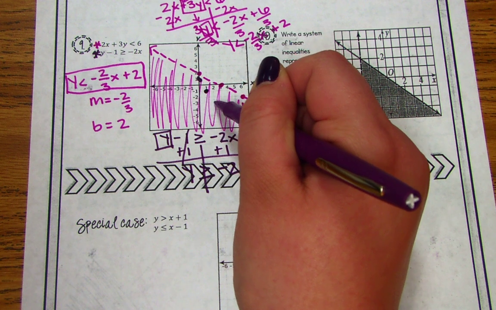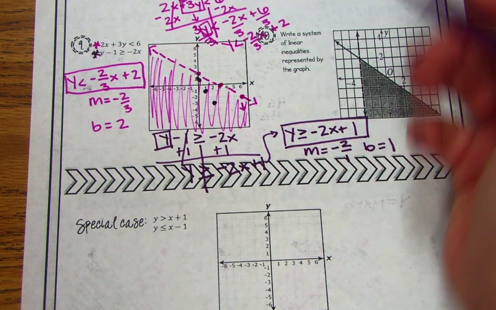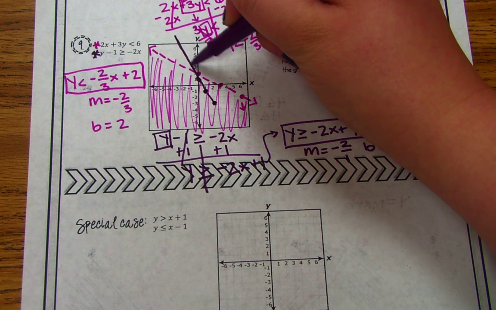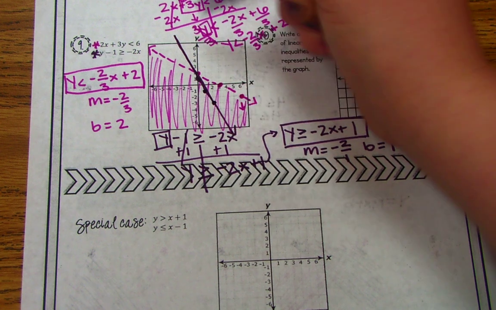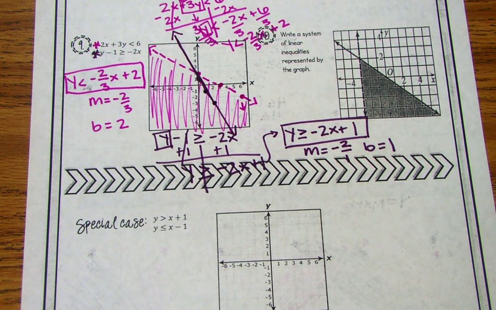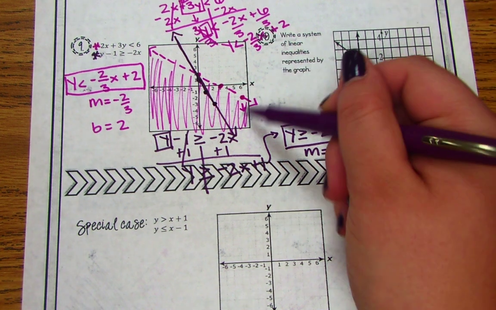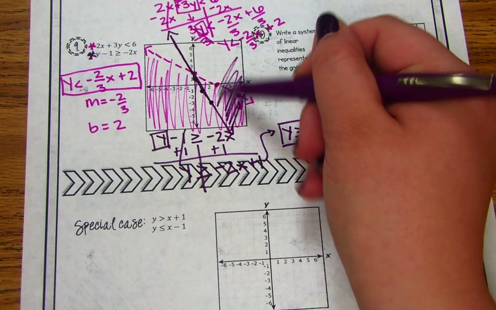Down 2 and over 1. It was greater than or equal to, so I'm going to use a solid line. All right. Because it's greater than, I want to shade everything above.